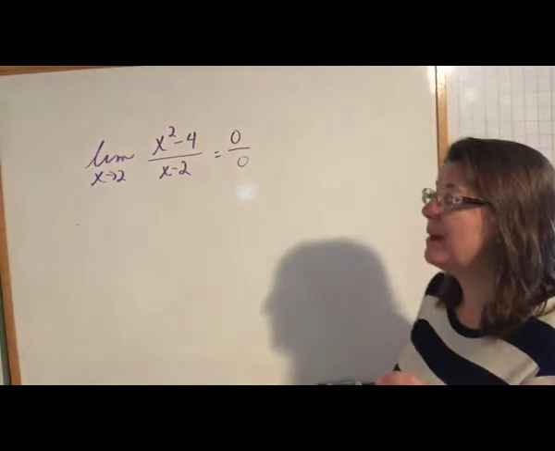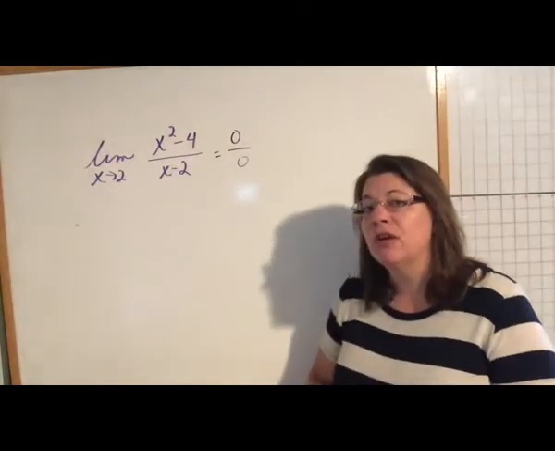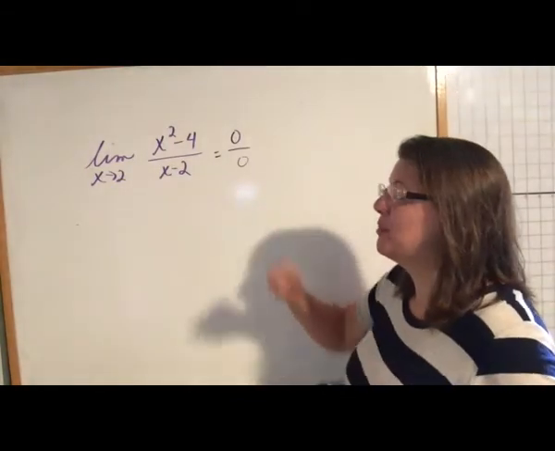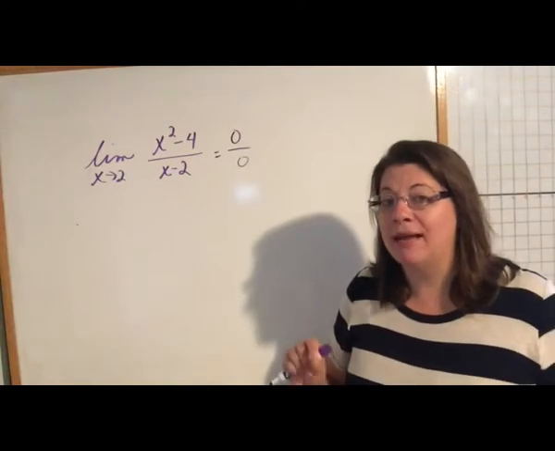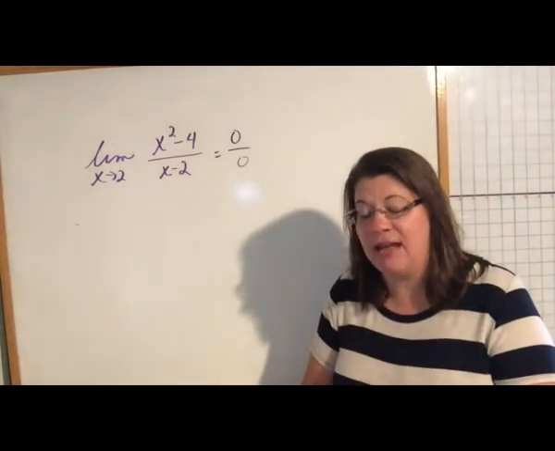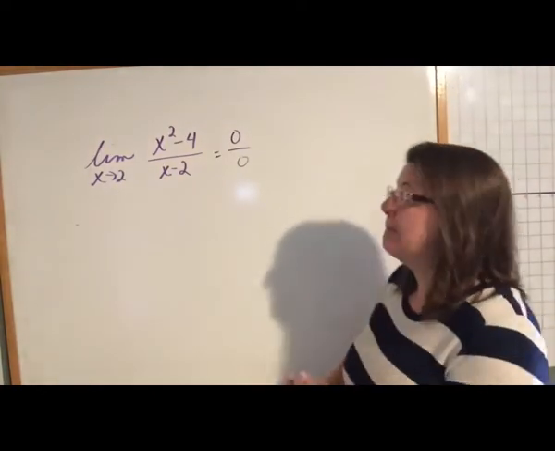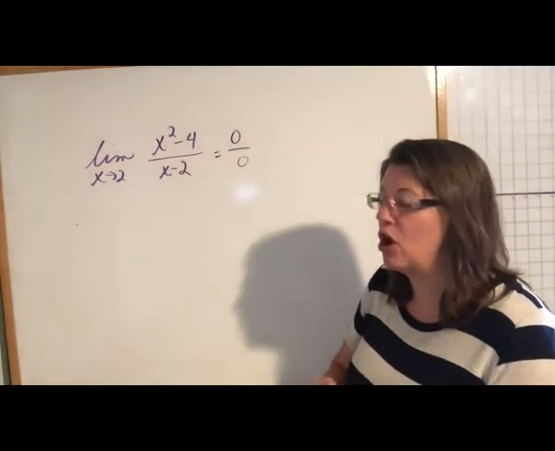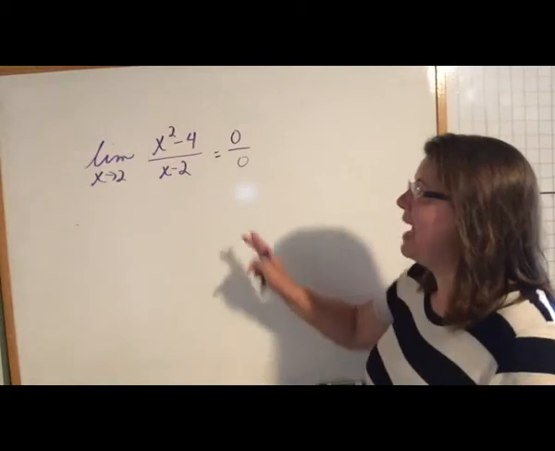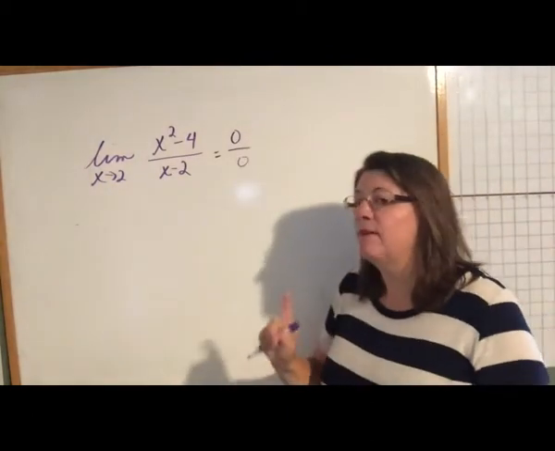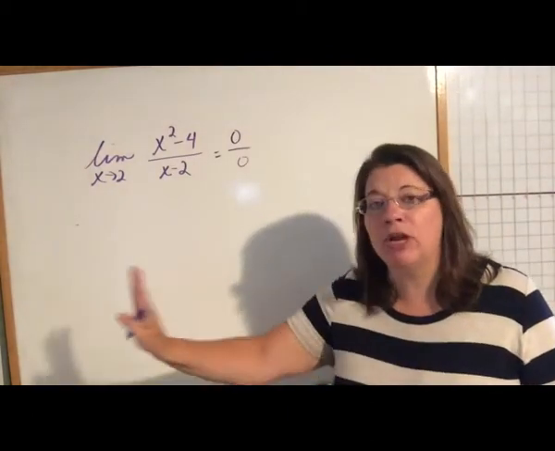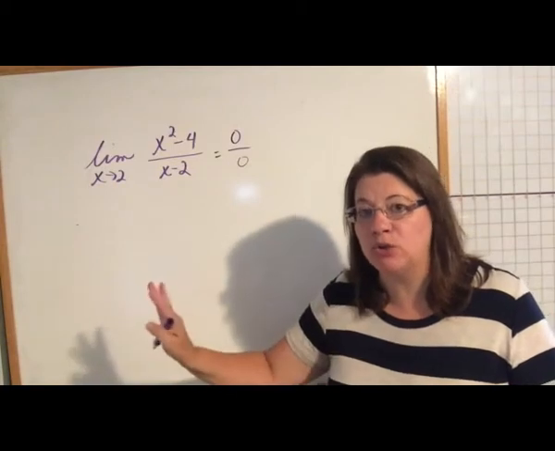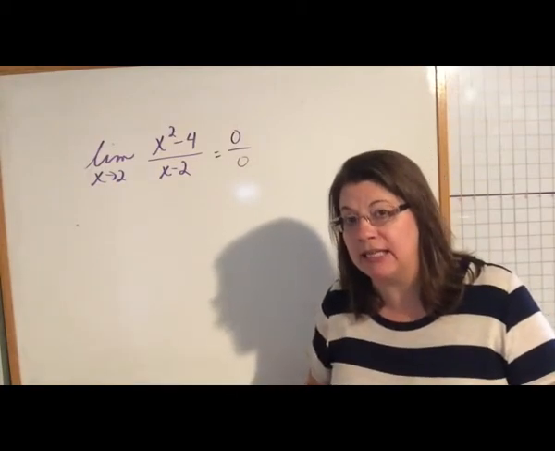So if you think back to your algebra knowledge, you're going to be able to do this problem a lot easier and not even have to do a graph and not have to do anything analytically by just doing a little bit of factoring and cancellation. So let's talk about that next. If I have the indeterminate form, the first thing I'm going to do before I run to graph it or before I go to a table and try to do it analytically, okay?